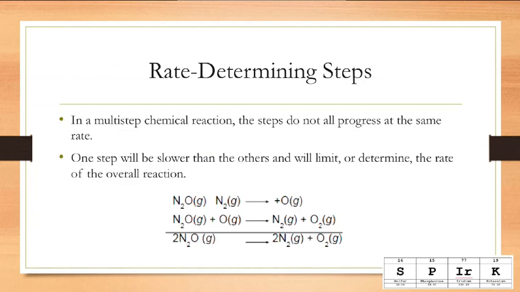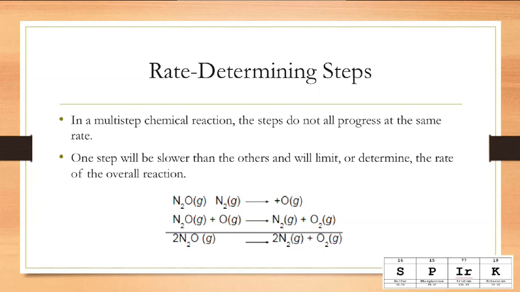In a multi-step chemical reaction, the steps do not all progress at the same rate. It's kind of like running on a cross-country team maybe. Not everybody runs at the same speed, but you need everybody to finish to reach that final goal. One step will be slower than the others and will limit or determine the rate of the overall reaction.